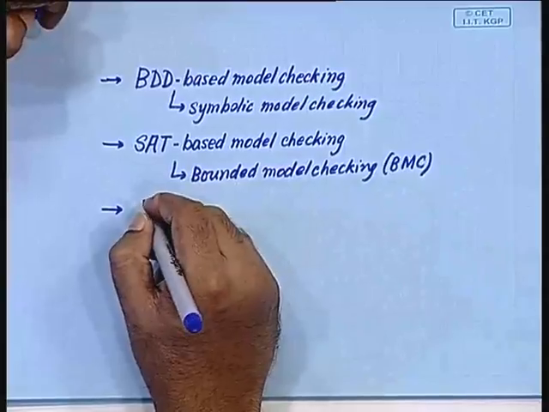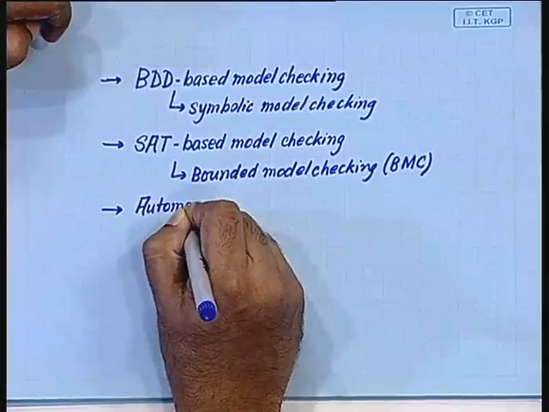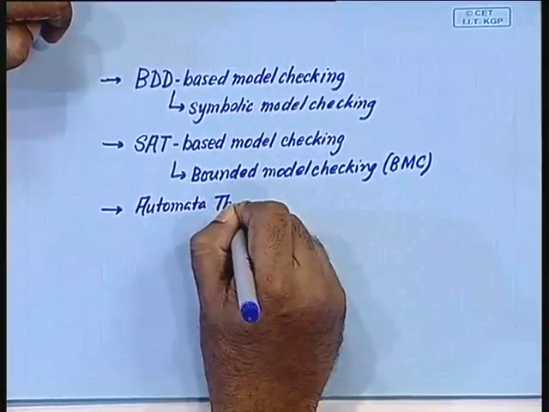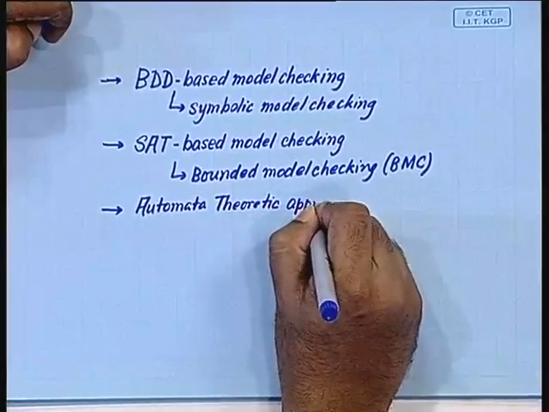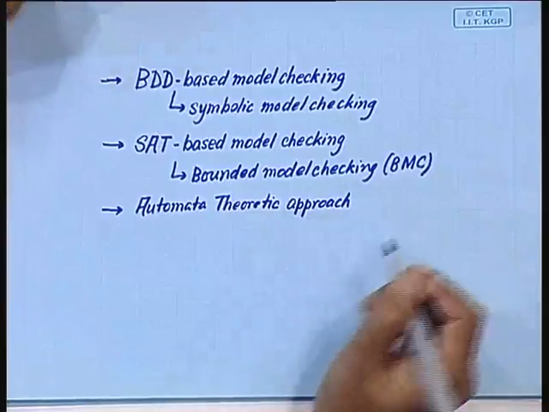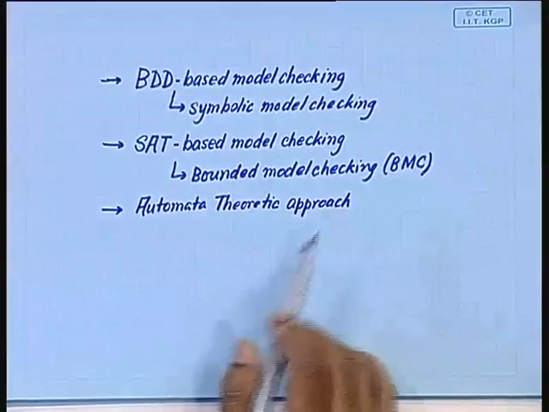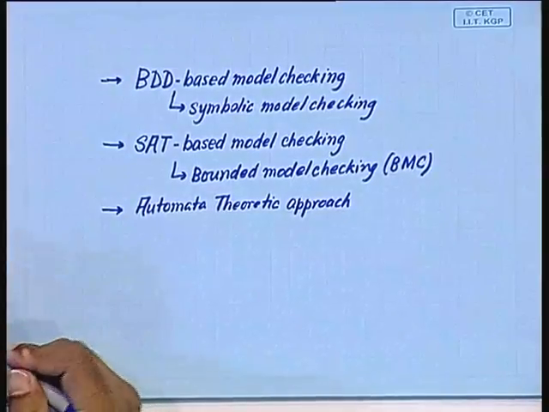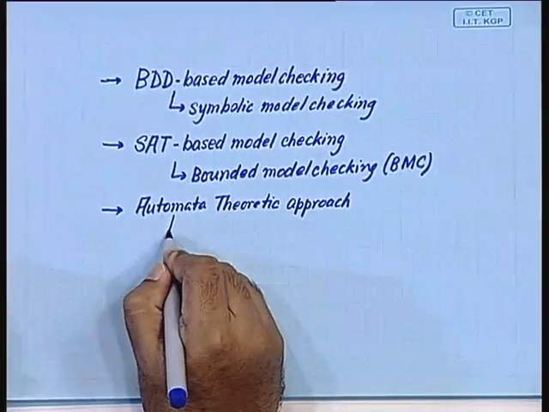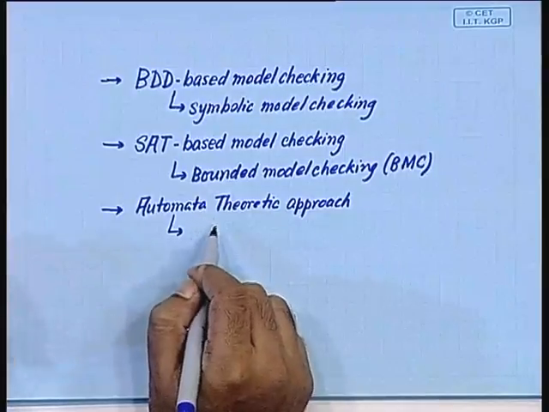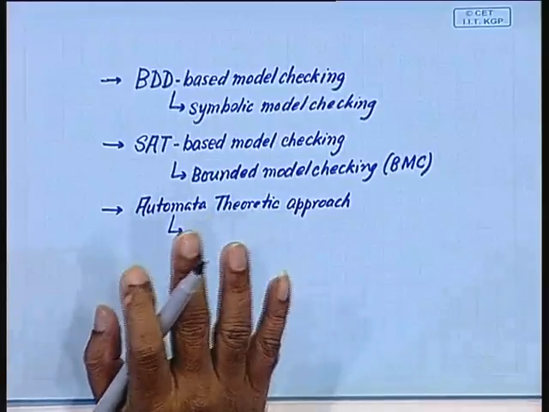Another way of doing it is what is called the automata theoretic approach. What you do here is, again you see, the methodology that I am going to talk about here is colloquially related to the automata theoretic approach, but again philosophically it does not have to be that way.